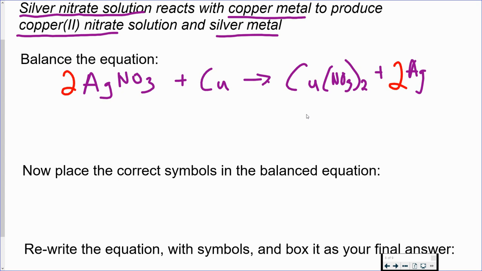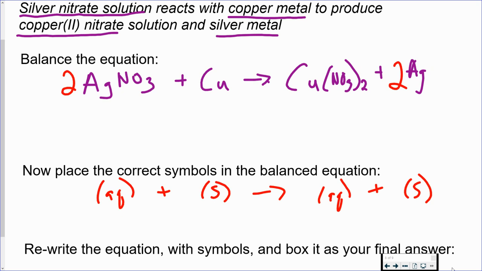So for example, AgNO3, it told us it was a solution. Solutions are AQ. Copper as a metal, I hope we all know that copper metal is solid. Then it goes to copper 2 nitrate solution, again AQ. And finally, silver metal. That means it's going to be a solid.